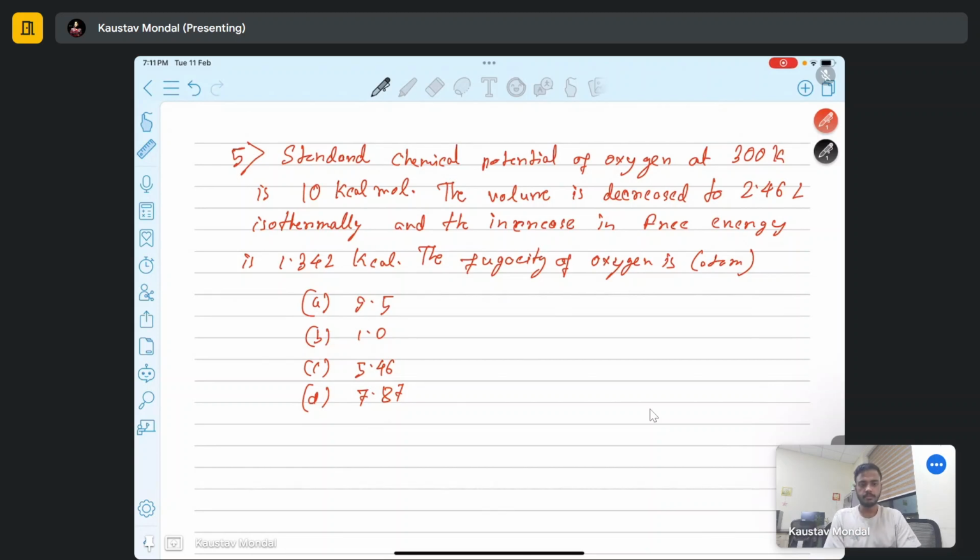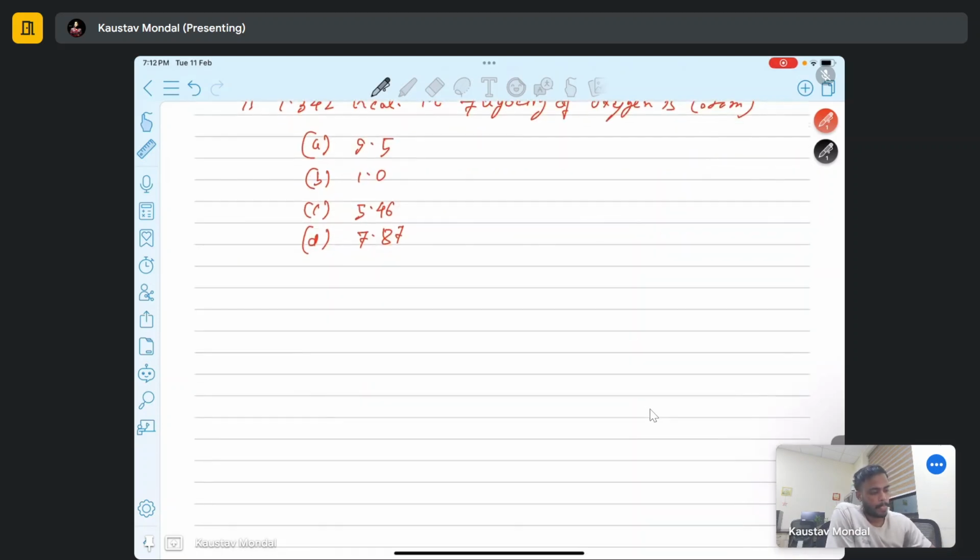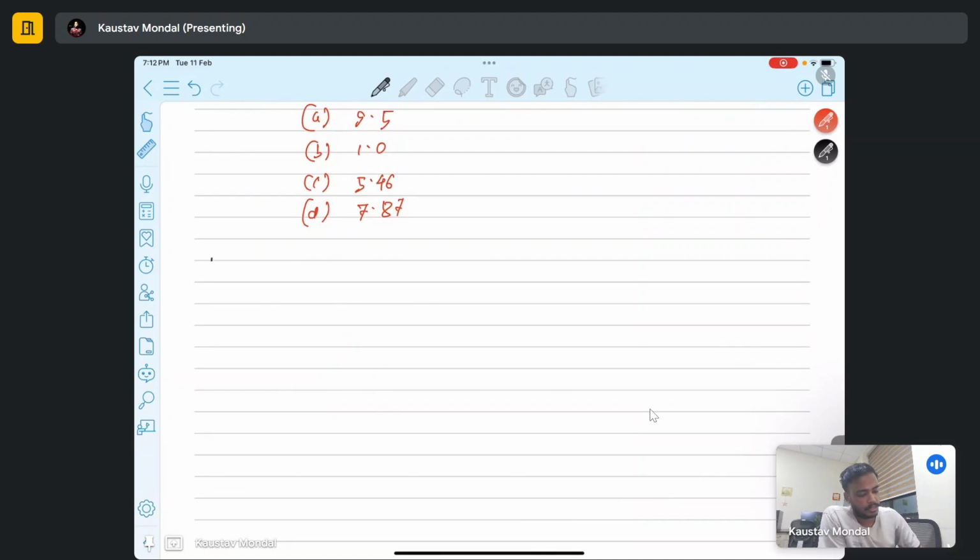Okay, so how to do that? As I've mentioned, fugacity is related to the chemical potential mu.